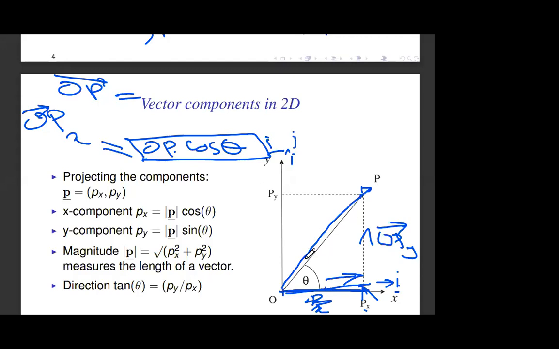Likewise, you can define this vector here, and you can find this angle very easily. If you don't know the angle, you can find it since tan theta is this length divided by this length.